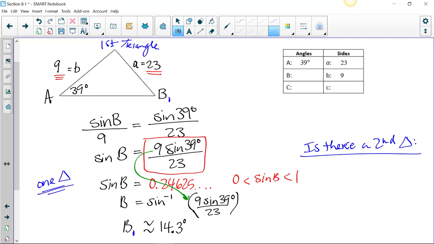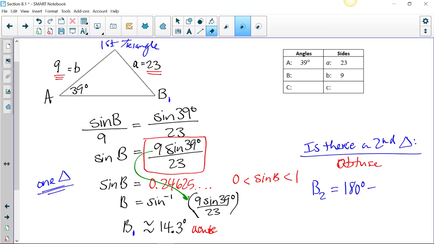So to find B2, meaning the obtuse angle, this one is acute. We want to know what's the obtuse angle that has that value of sine, meaning in quadrant 2. So to find that second angle, B2, it's the supplement of B1.